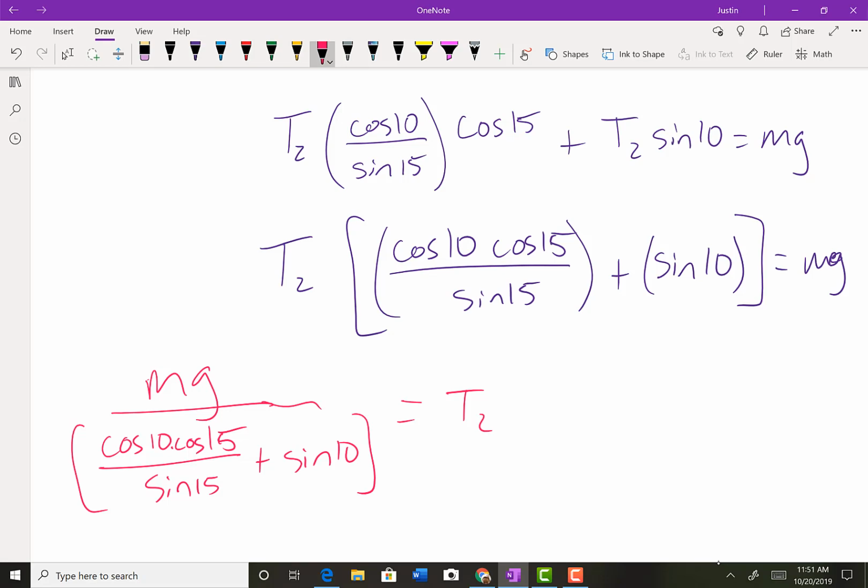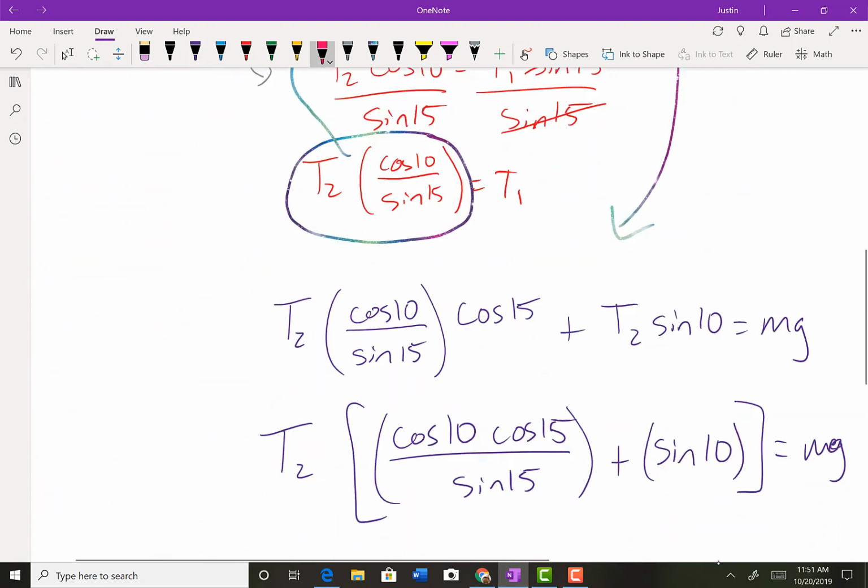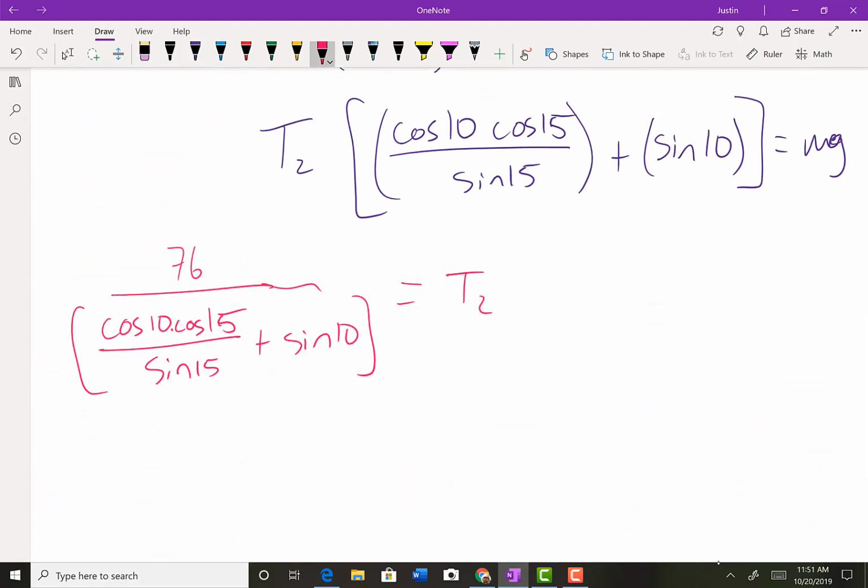Yeah, and so I can plug in. Well, let's just plug in the mass. The mass is 76 kilograms times 10. That's baby g. So I'm plugging all this into my calculator. I usually do the more complex thing first and then divide by my answer.